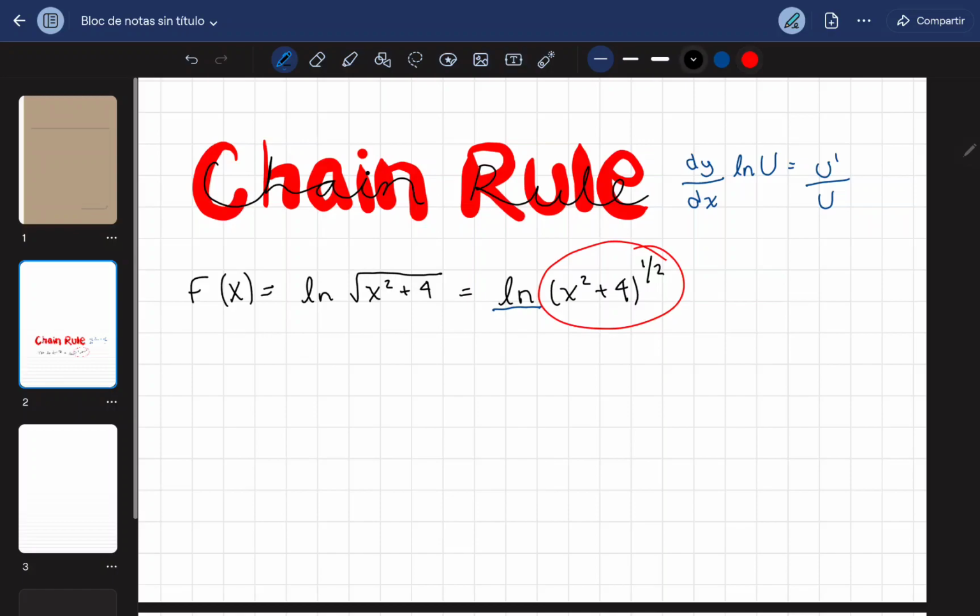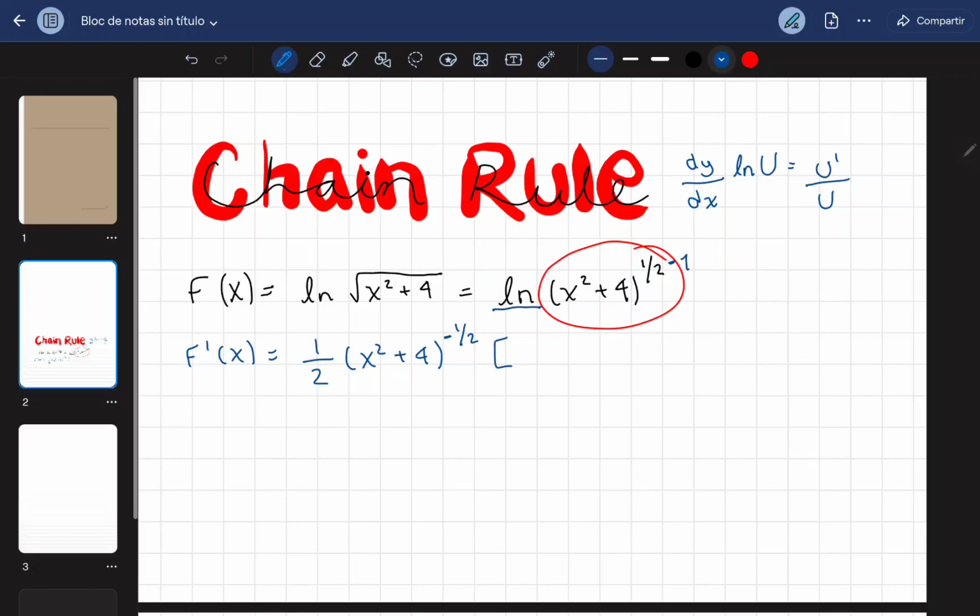Okay, so first let's get the derivative, and we say, okay, the derivative is 1/2 (x squared plus 4) to the 1/2 minus 1. This 1/2 minus 1 can be equal to minus 1/2. If you cannot convert this, you can use a smiley face.